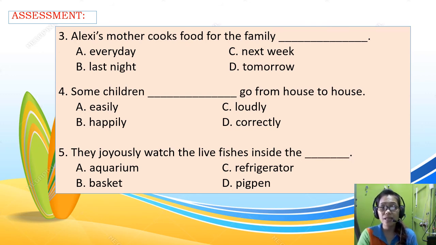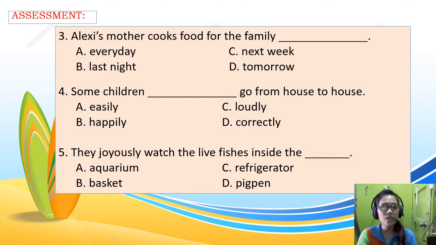Next, number 4. Some children blank go from house to house. A. Easily. B. Happily. C. Loudly. Or D. Correctly. What's your answer? Letter B. Happily. Next, number 5.